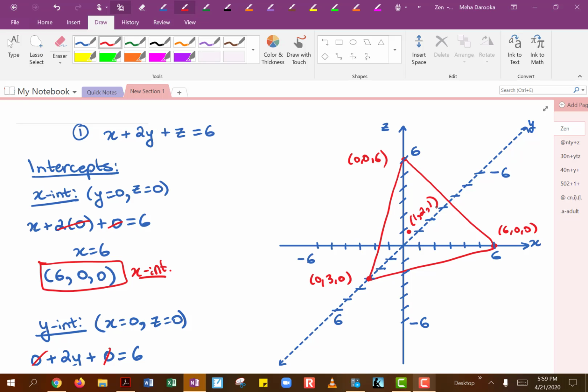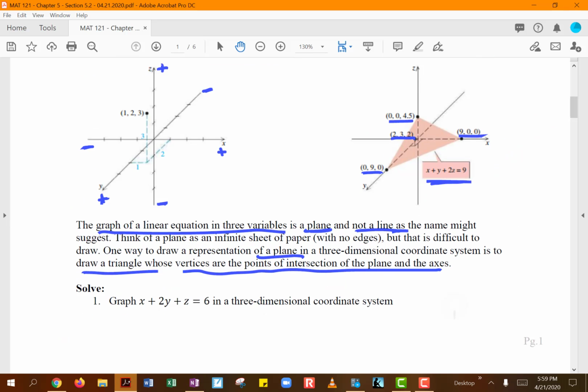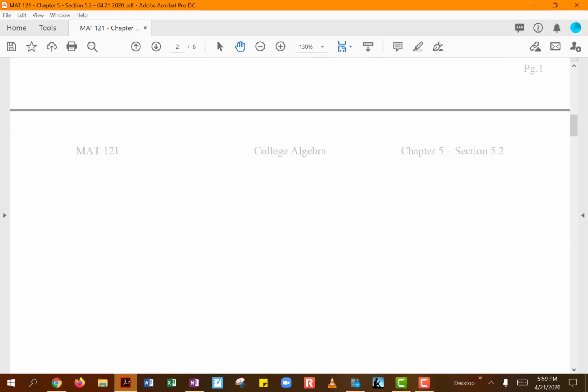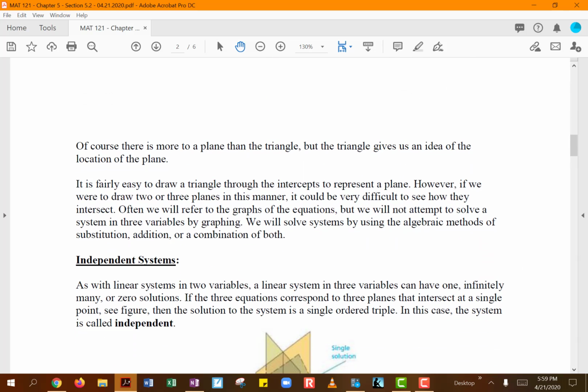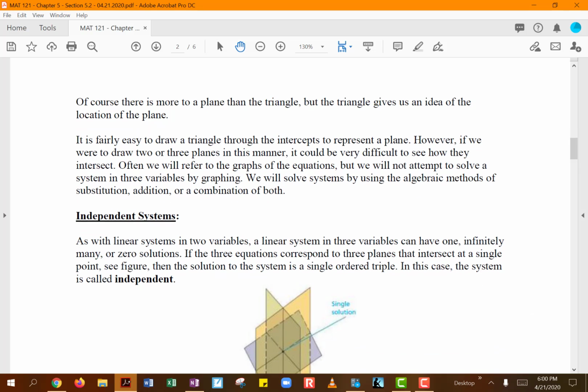Of course, we are trying to draw these on a two-dimensional surface, so it's always going to be a little bit of a tricky thing, but hopefully that gives you a little idea of how the graph of this would work out. As they're saying here, there is more to a plane than the triangle, but the triangle gives us an idea of at least the location of where the plane is going to be.